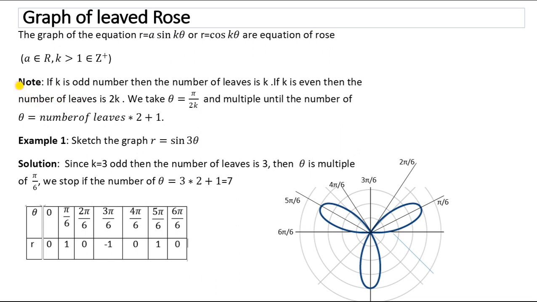If I want to graph the roses, I must learn this note, a note for every rose. If k is an odd number, k belonging to Z plus, 1, 3, 5 and so on, then the number of leaves is k. If k is even, 2, 4, 6, then the number of leaves is 2k.